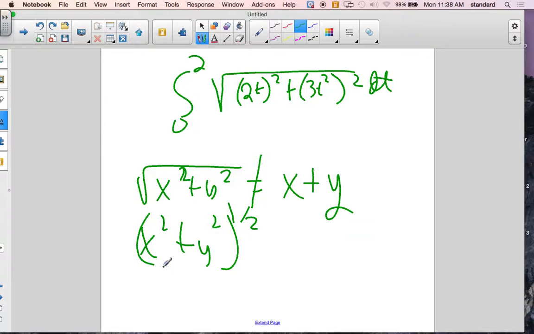Now, just real quickly for the last 2 or 3 minutes, go to the worksheet Motion Along the Line.